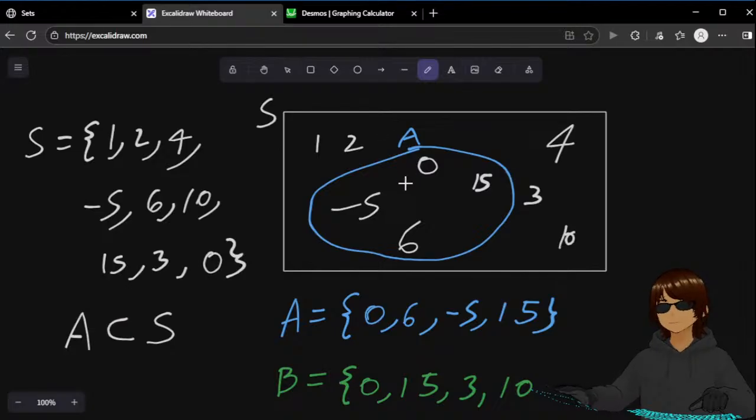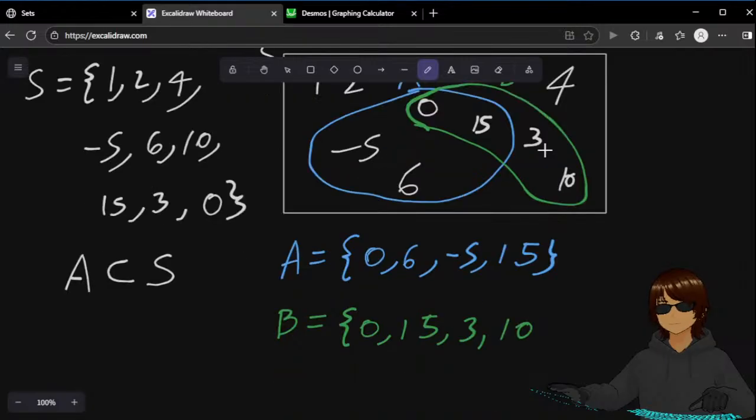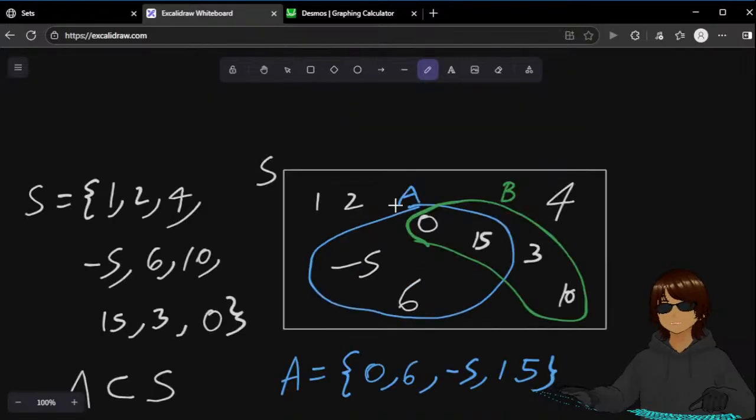Okay, let's do this. This is B. Set S contains A and B.